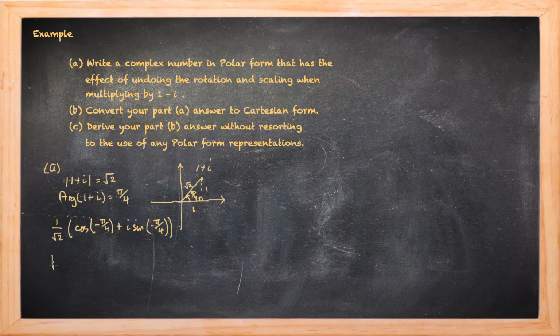Now, part B asks us to convert this to Cartesian form, which would be easy enough. All we need to do is to find out what the cosine of negative pi upon 4 and the sine of negative pi upon 4 is. Now, we know that the cosine of pi upon 4 is 1 upon root 2, and the sine of pi upon 4 is also 1 upon root 2.